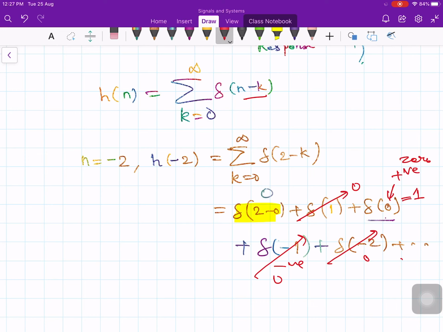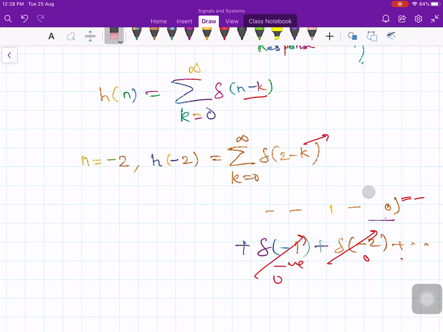When k equals 0, del of 2, del of 1. Hold on one second, I made some mistake, let me correct the mistake.